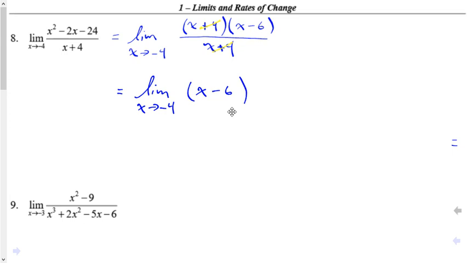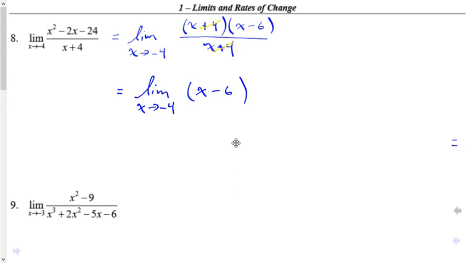Now another notation here, take note that I'm keeping brackets here. If I didn't have brackets, it just looks like the limit as x approaches negative 4 of x, and then that whole limit has a 6 subtracted from it. That's not the case, so we do want to make sure that we keep the brackets here.